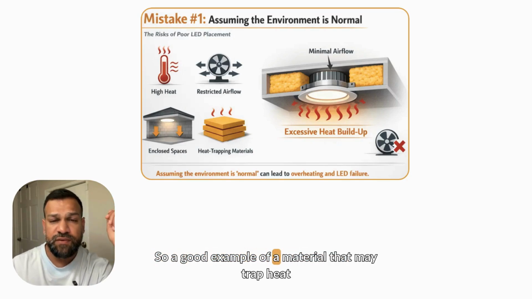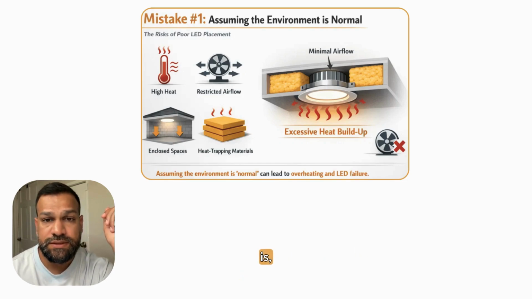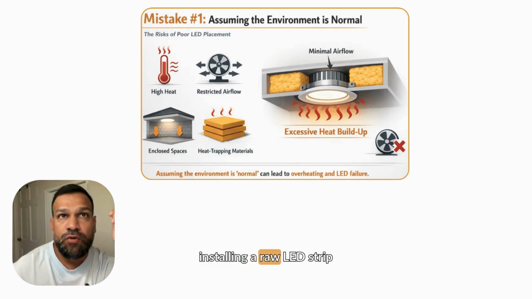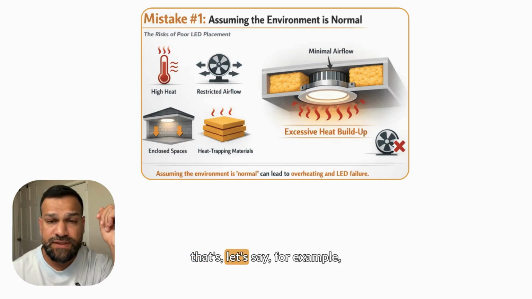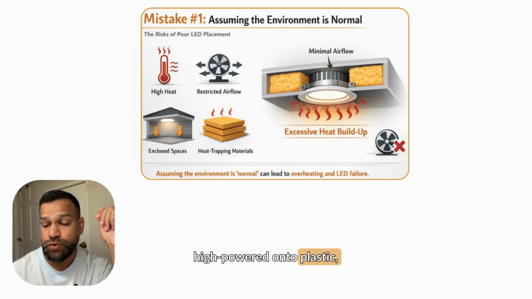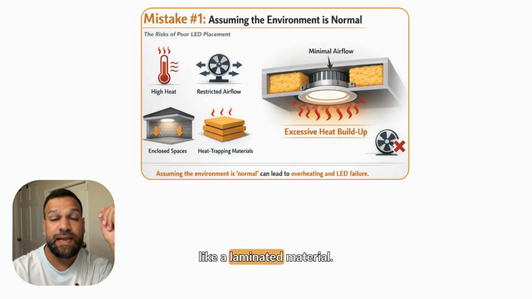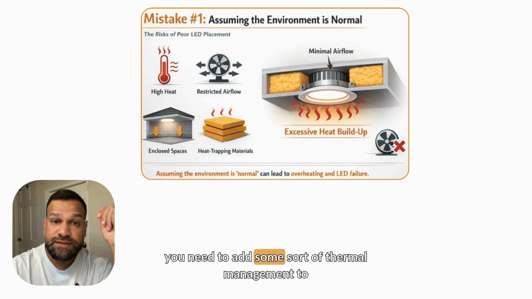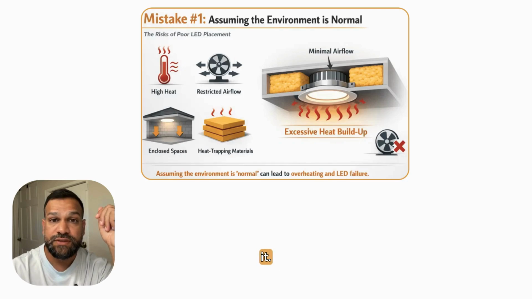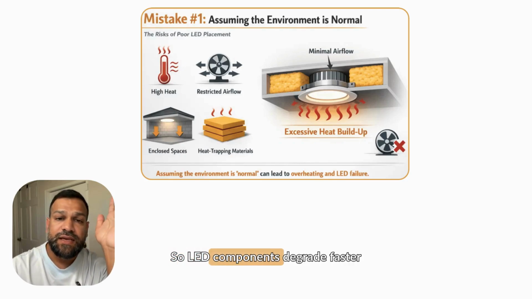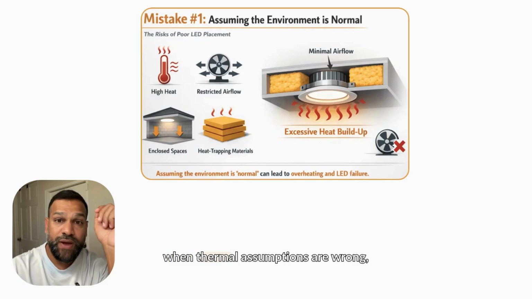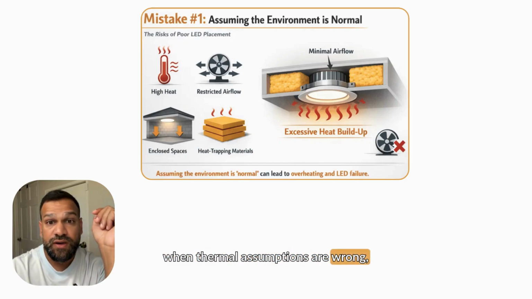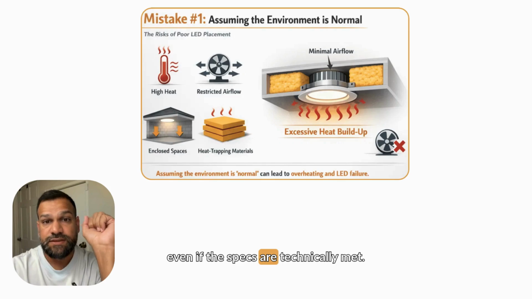A good example of a material that may trap heat is installing a raw LED strip that's, for example, high powered onto plastic, like a laminated material. If you want your LED brightness to be maintained for a long time, you need to add some sort of thermal management to it.